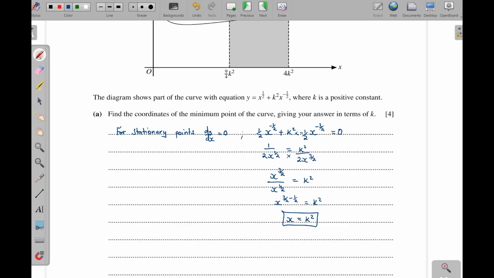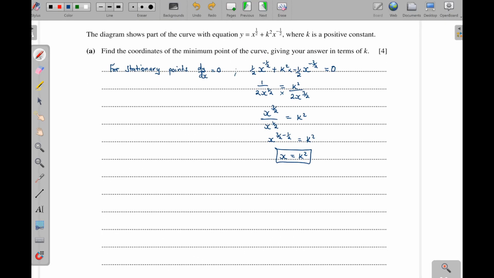But they said coordinates, so that means I need to get the y coordinate. So what will be our y for x equal to k squared? This will be k squared, power half, then plus k squared times k squared, but then it is power negative what? A half.